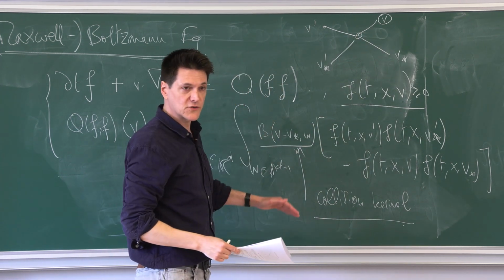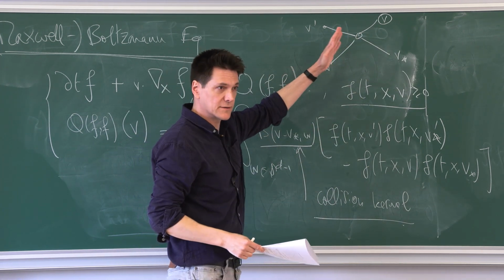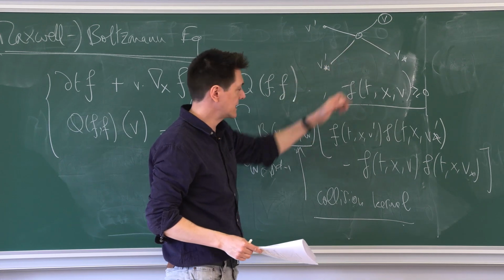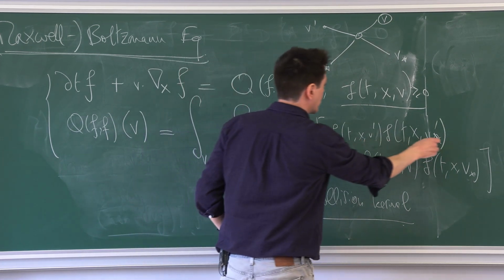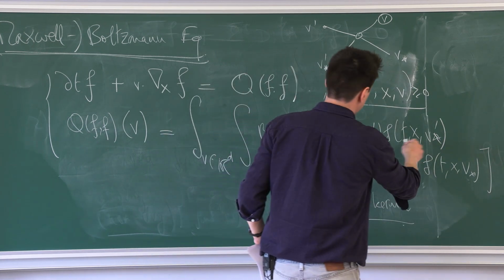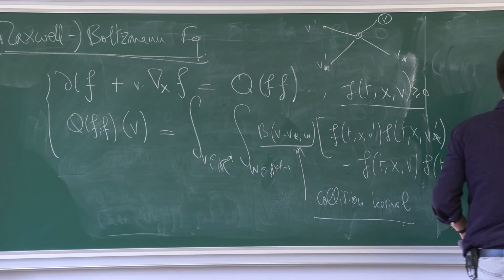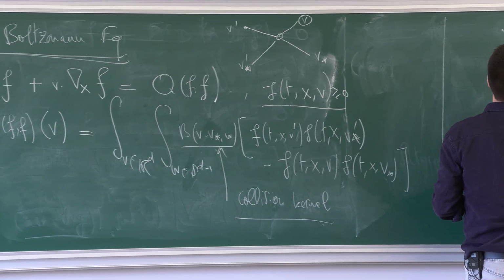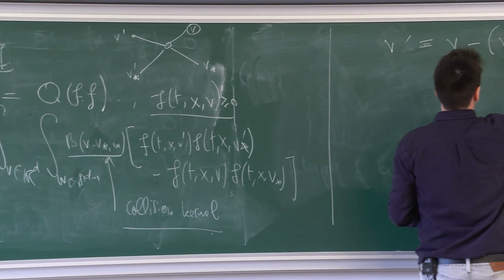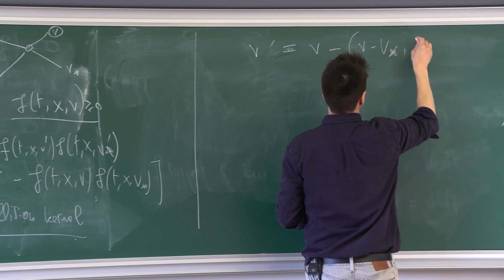So there's a whole calculation to be made that is just the classical mechanics calculation on the elastic collision. So I didn't tell you how my v prime star is related to v star. Well, in that representation, that choice of parametrization I did, they are related like that.